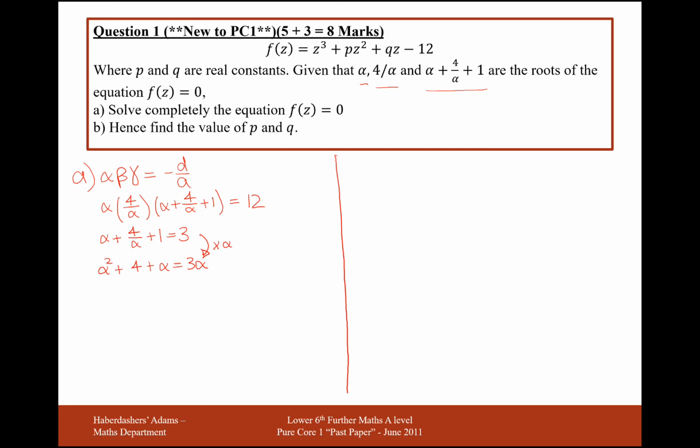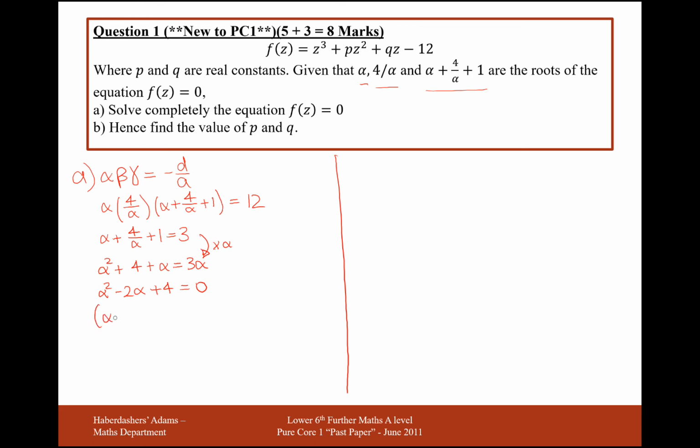Now what I need to do with quadratics is get everything on one side, so alpha squared minus 2 alpha plus 4 equals 0. Looking at this quadratic, I can't see any way of factorising it with two brackets, so I'm going to have to use either the completing the square method or the formula.